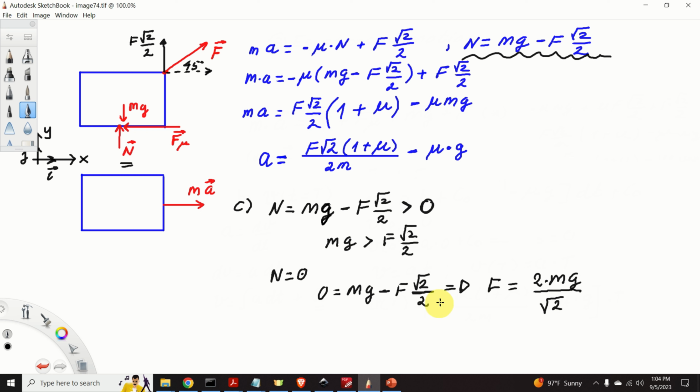Let's verify that this is the case. Yes, this is the correct answer. So for F larger than or equal to 2mg over square root of 2, we will be able to lift this box in the vertical direction.